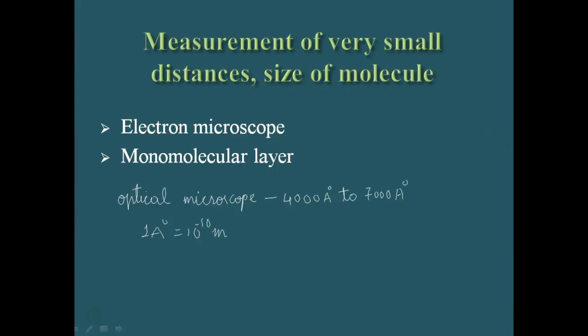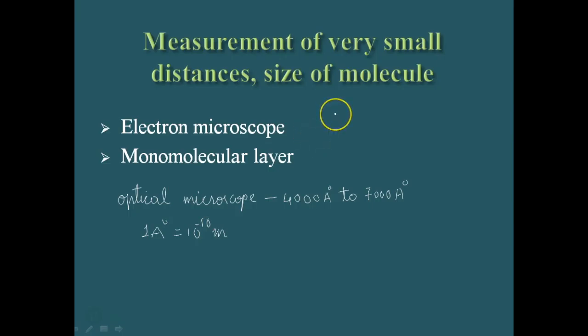Hence, instead of visible light, we can use an electron beam. Electron beams can be focused by properly designed electric and magnetic fields. So, instead of the light wave, we can use electron beams in order to get more accurate results and to measure even smaller ranges.